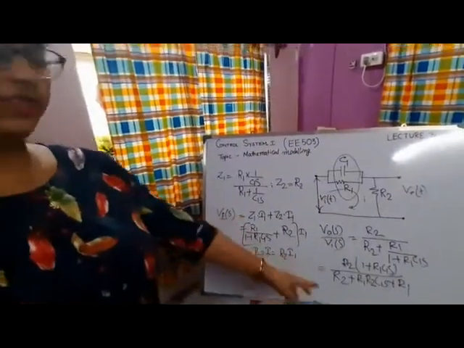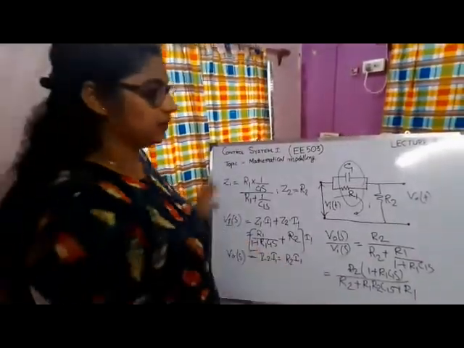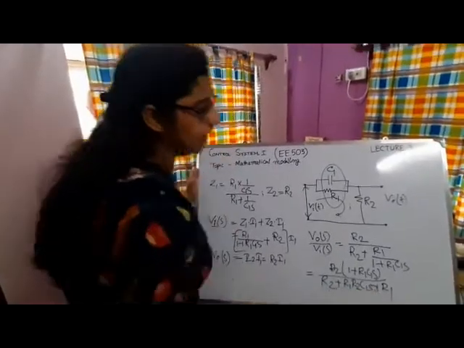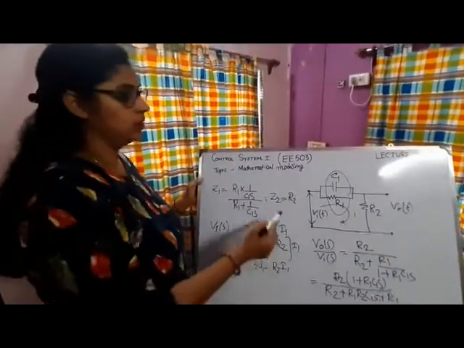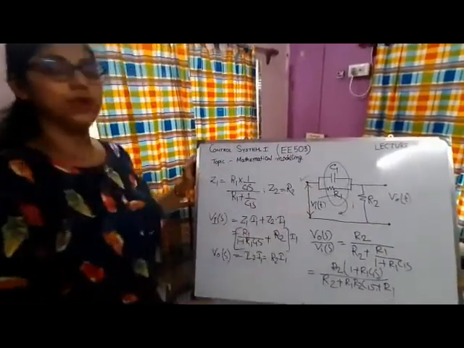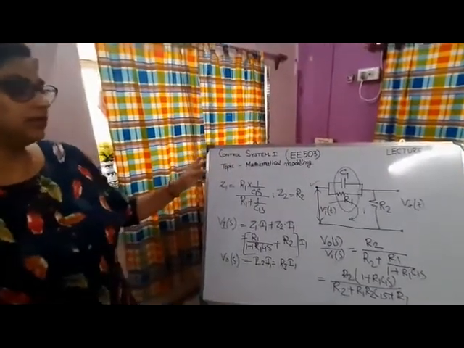So this is the complete transfer function, and in this transfer function, for the denominator the highest power of s is 1, so the order of this circuit is 1.